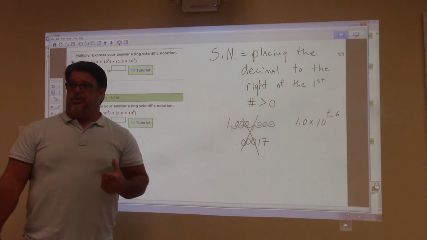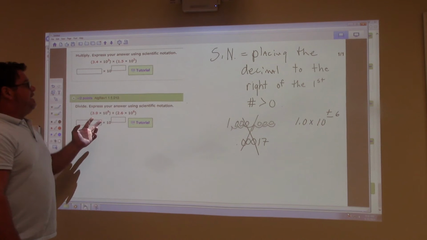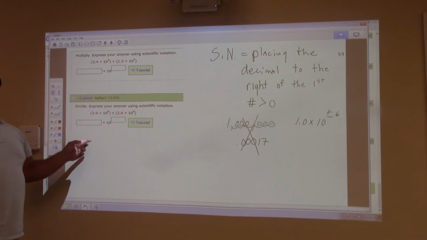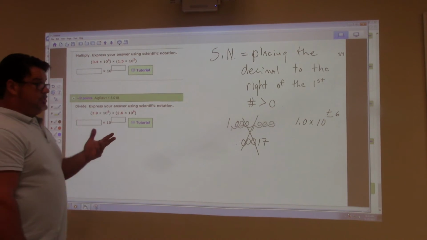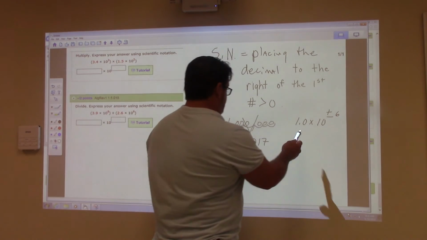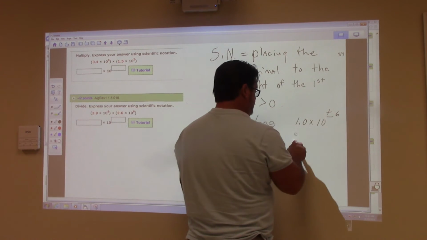And if you ask yourself that all the time, you will not have a problem. But see, when students get a problem like this, they get a number that's not in scientific notation, and they have to move the decimal one place, and they screw the sign up. They don't screw the one place up, they screw the sign up. So, what I tell students to do is always ask that one question. So, 1, 2, 3, 4.